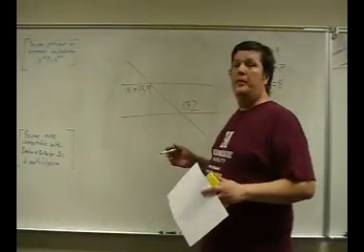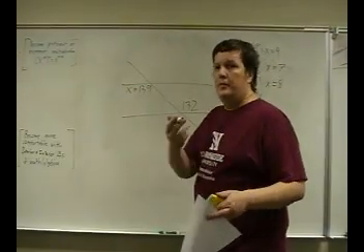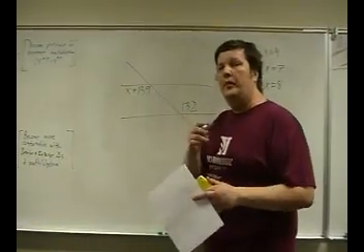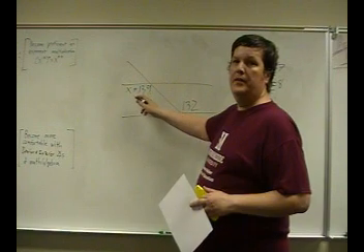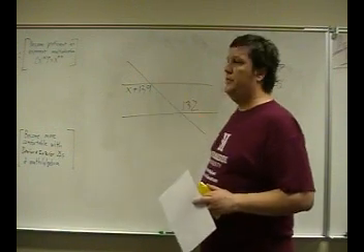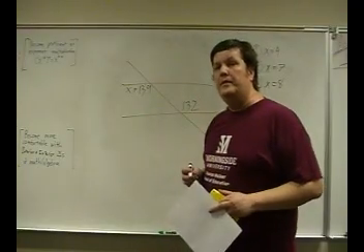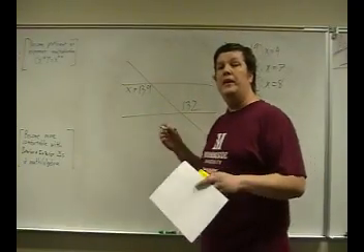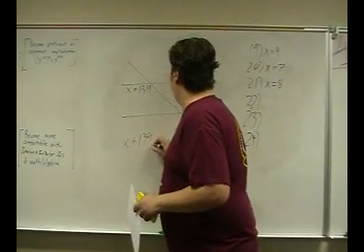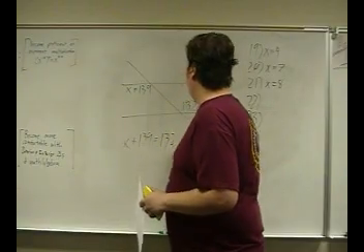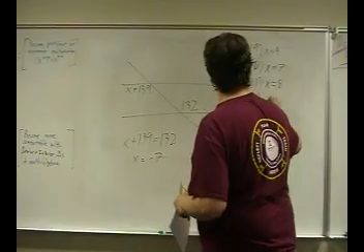So both of these angles are going to be inside the parallel lines, so they're interior. Question is whether or not they are alternating or consecutive at this point. Well, x plus 139 is on the left side of the transversal, 132 is on the right. That means that they are alternate interior angles. Because they're alternate interior angles, that means that we can set them equal to one another. So x plus 139 equals 132. I can already see where this is going. X equals -7. Thank you very much.